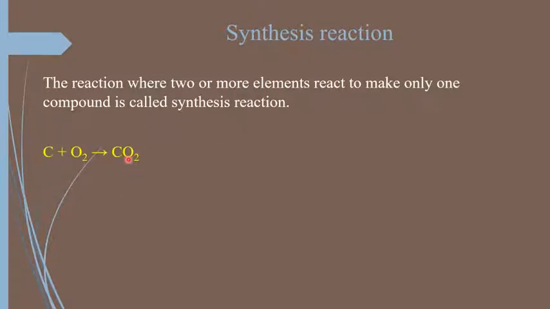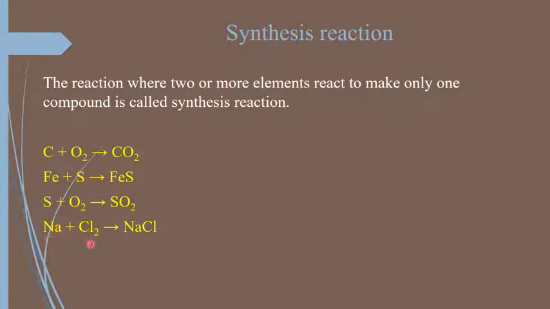Here look, carbon dioxide, only one compound, is produced by the reaction of two elements, carbon and oxygen. Here ferrous sulfide compound is produced by the reaction of two elements, iron and sulfur. Here sulfur dioxide, one compound, is produced by the reaction of two elements, sulfur and oxygen.